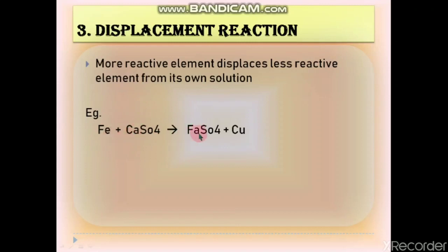This is the reactant and this is the product. So what will the product be? FeSO4. When we do the process, iron sulfate comes, and the copper becomes separate.